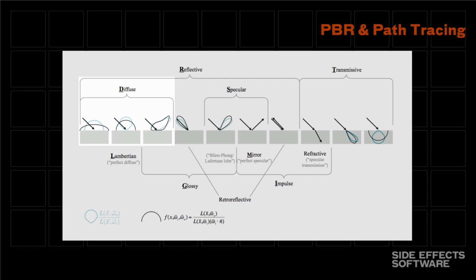You can see the little black arrows that are there indicating the incoming direction of the light. And the blue arcs that you can see depicted are the actual response function of the BSDF. So on the left-hand side, we have even BSDFs that are categorized as Lambertian, which means they're perfect diffuse reflectors, meaning that all of the incoming energy is reflected across the hemisphere, as we're dealing in this case with surface interaction.